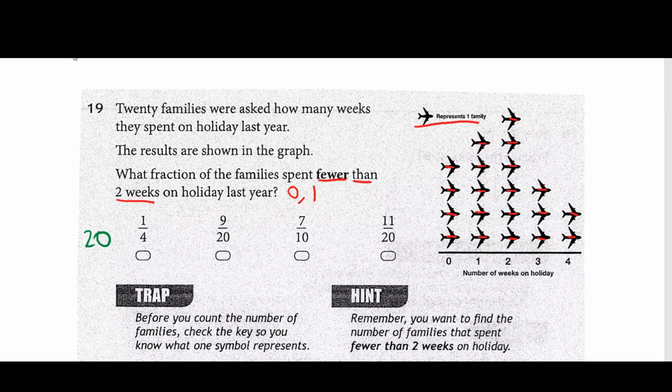So we know that. Okay, and fewer than 2 weeks, that's 0 weeks and 1 week. So let's count them. 1, 2, 3, 4, 5, 6, 7, 8, 9. So it's 9 over 20. Okay. So there's our answer. 9 over 20.